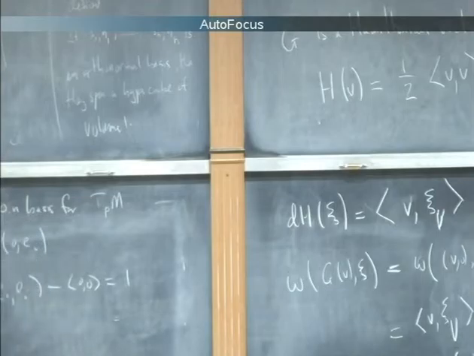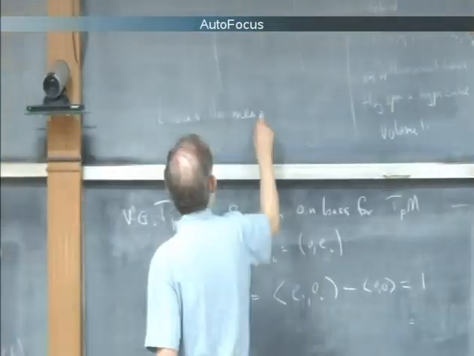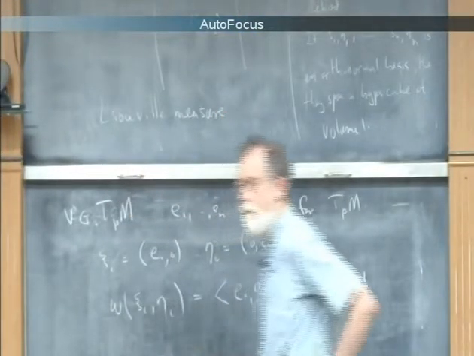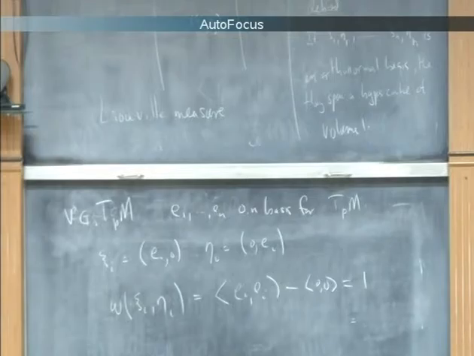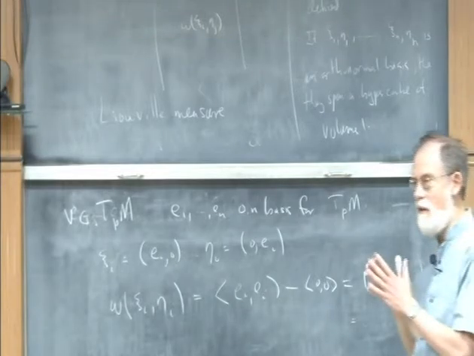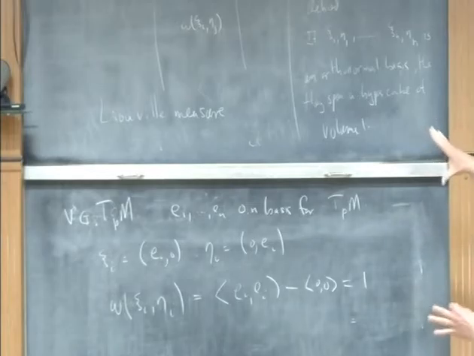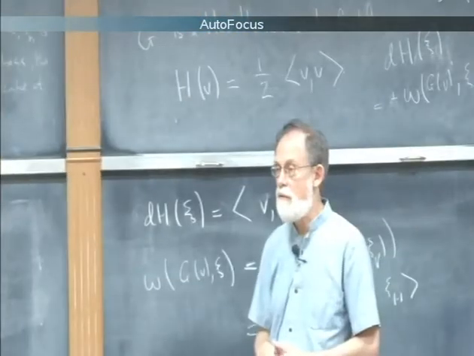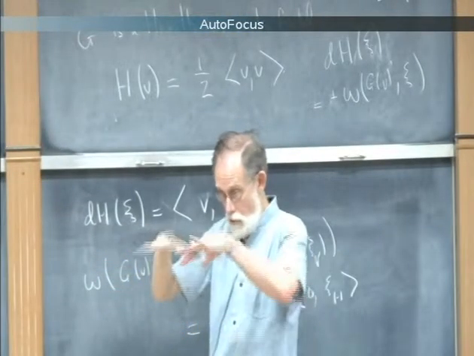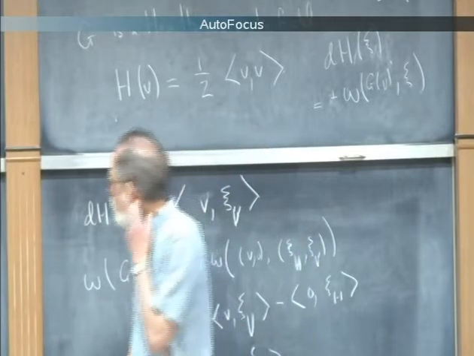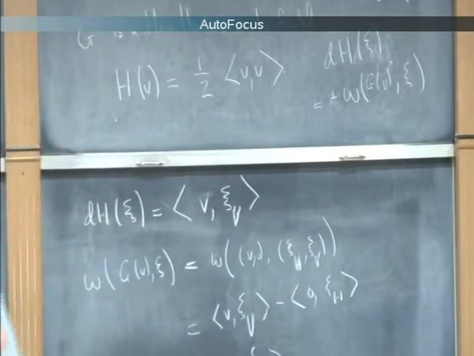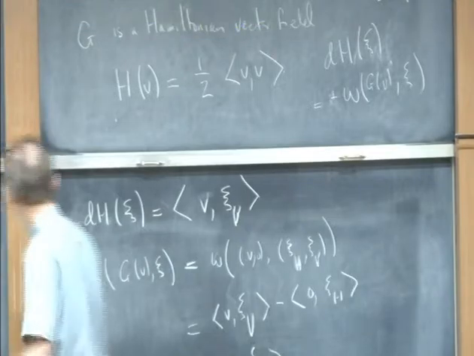And this measure goes under the name of the Liouville measure. There is one detail that I've left out, which is that this is the measure for the whole tangent bundle, and we usually think of the geodesic flow on the unit tangent bundle. I will be lazy and not do all the things for the unit tangent bundle.